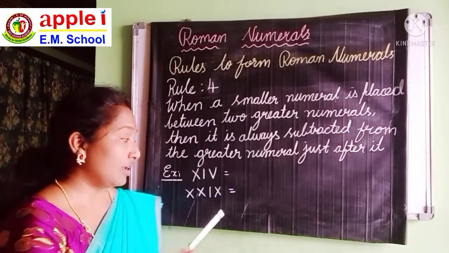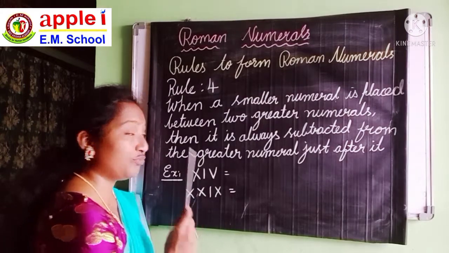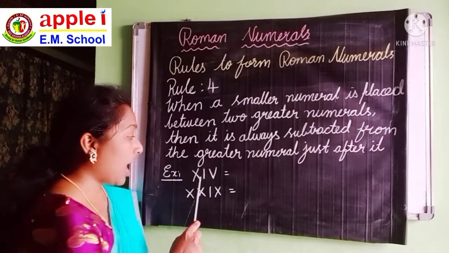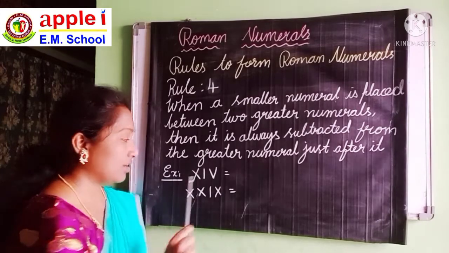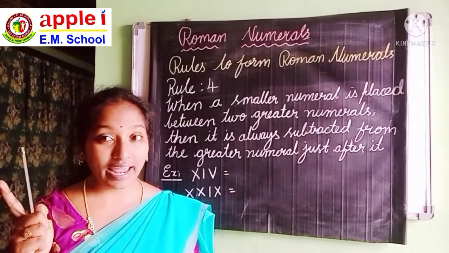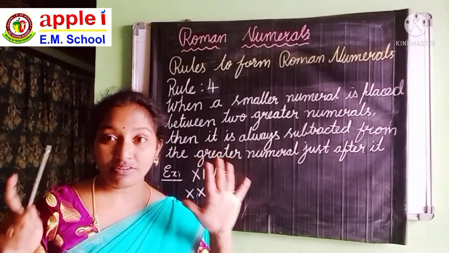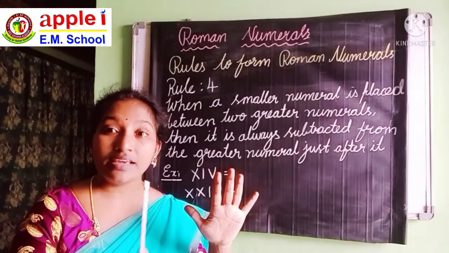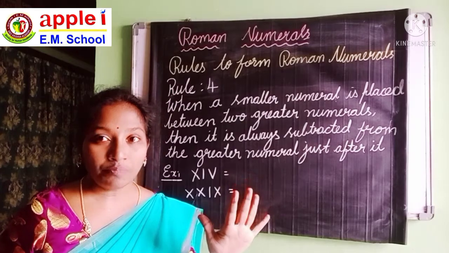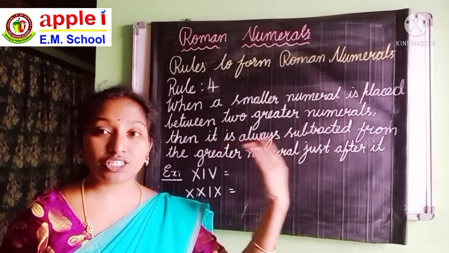Let us do this one. X, I, V. Here X means 10, I means 1, V means 5. Here 10 is greater than 1, 5 is greater than 1. Here the 1 is placed between 10 and 5. So we have to subtract the smaller one from the number next to it.